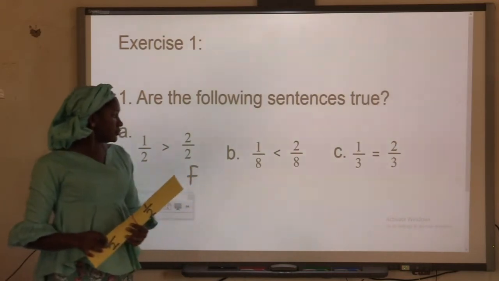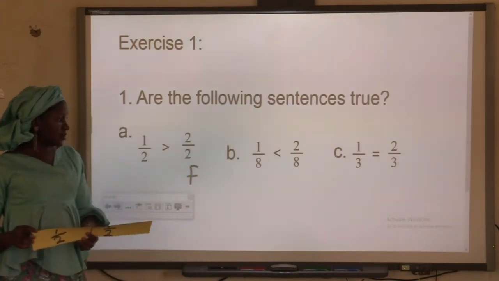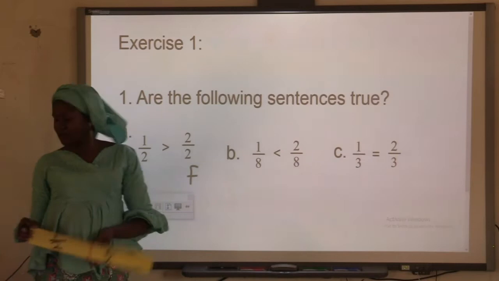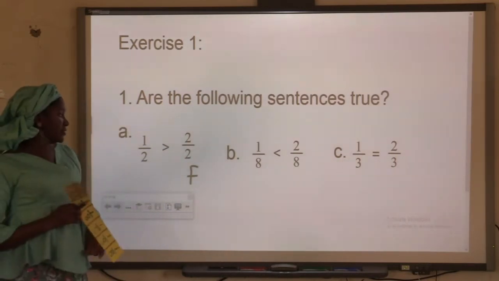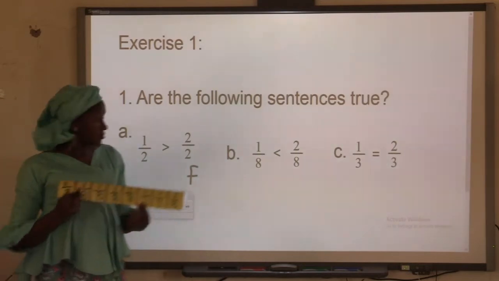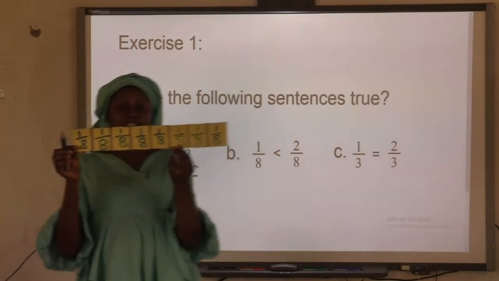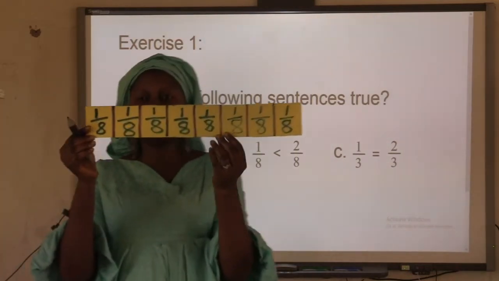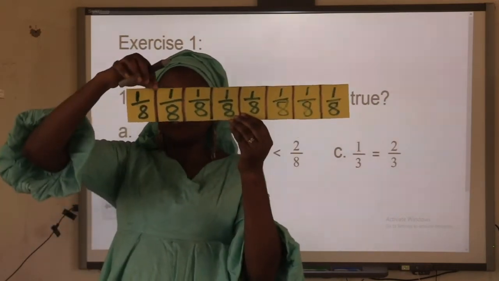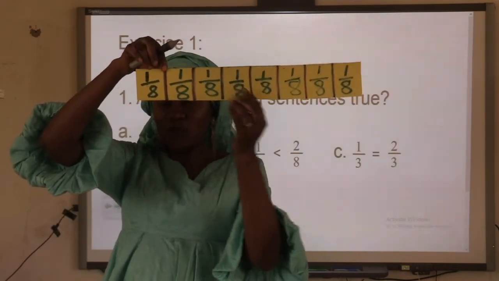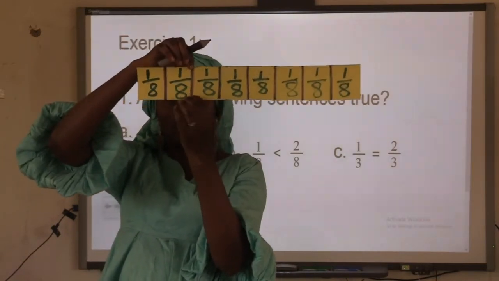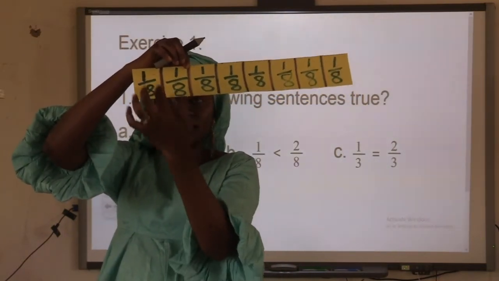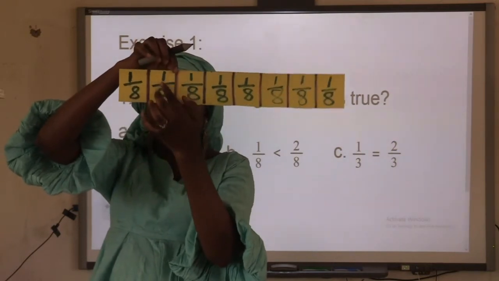B, it says 1/8 is less than 2/8. I want you to answer this on your own by looking at this chart. When I'm here, I have 1/8, that is 1 over 8. Here, we got what? 2/8, that is 1/8 plus 1/8.